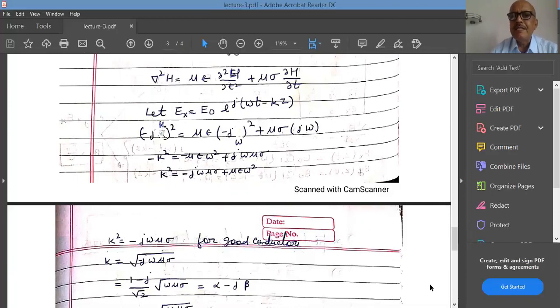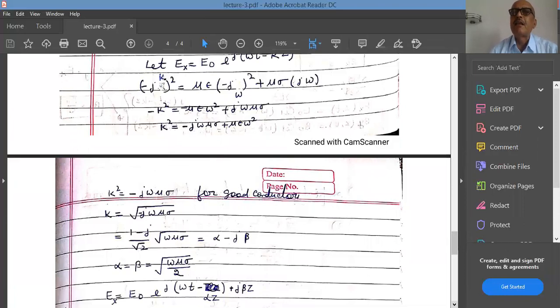Here, I have simplified the whole thing, taking the real term as negligibly small, and only the imaginary term, because of the larger conductivity for a good conductor, will dominate. So I have taken k square to be equal to minus j omega mu sigma. Therefore, k will now be the square root of minus j omega mu sigma.